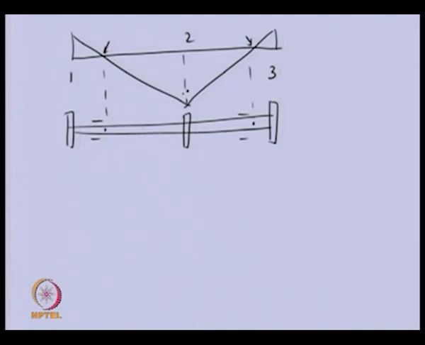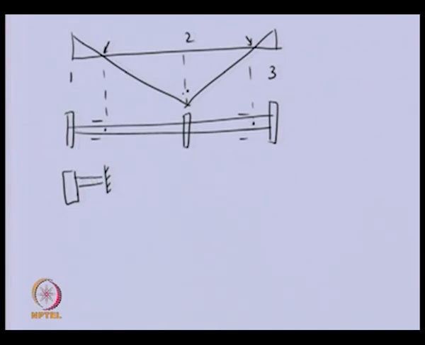So, we can break the 3 rotor system into 3 single rotor systems like this. I am taking one of the rotor systems from the node position as this one. So, this particular rotor system I am taking separately.